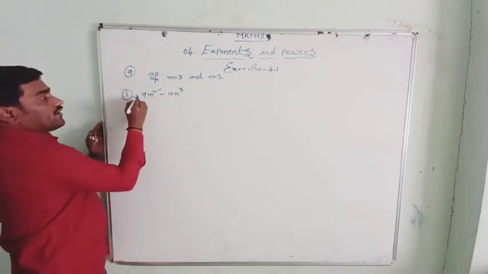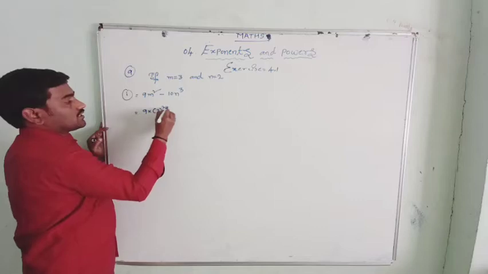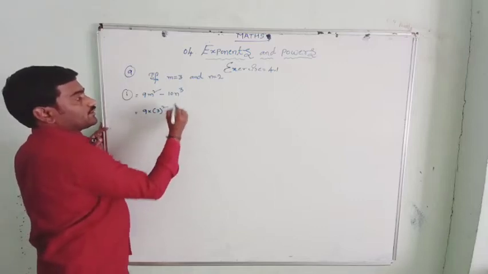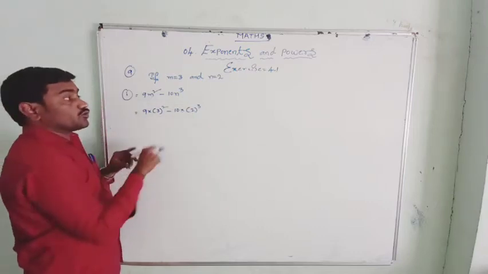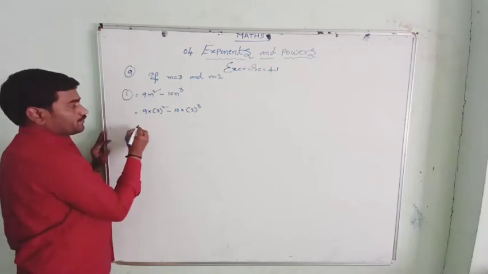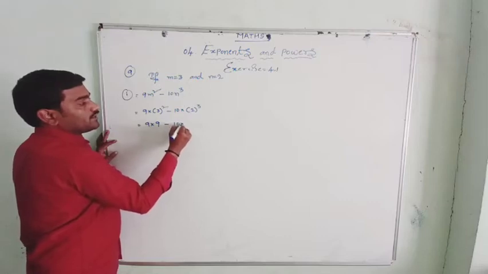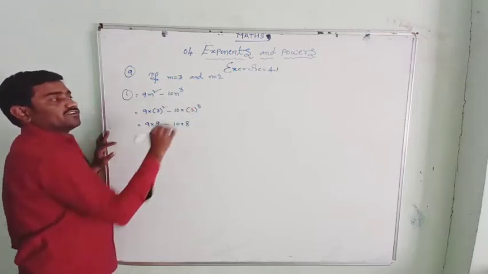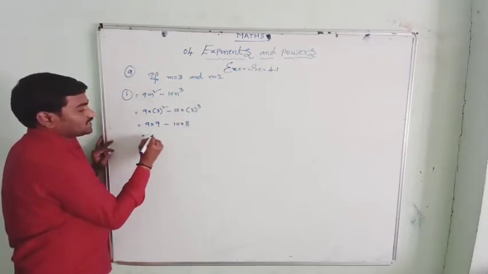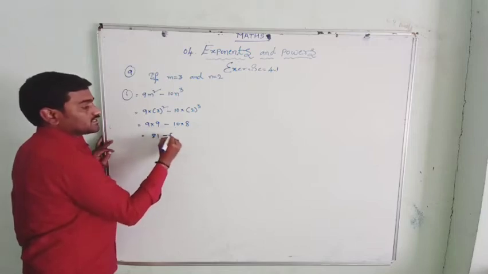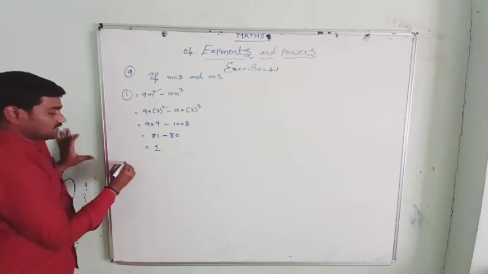We need to substitute in this and find out. 9 into m squared, that is 3 squared, minus 10 into n cubed, this is 2 cubed. Wherever n is present, substitute 2, and wherever m is present, substitute 3. 9 into 3 squared is 9, minus 10 into 2 cubed is 8, that means 2 multiplied 3 times: 2 into 2 into 2, 2 2s are 4, 4 2s are 8. 9 9s are 81 minus 10 8s are 80, that equals 1. Here you got the first answer.